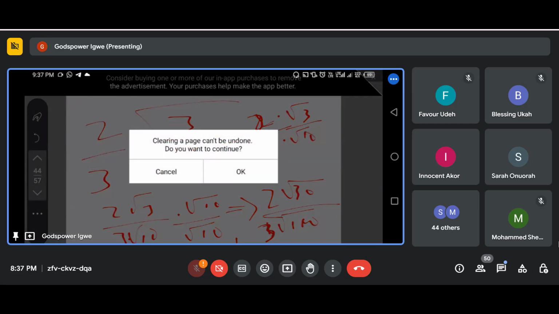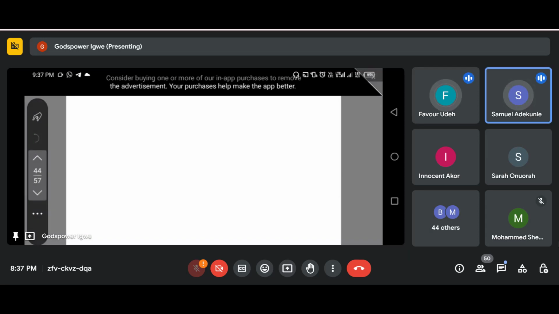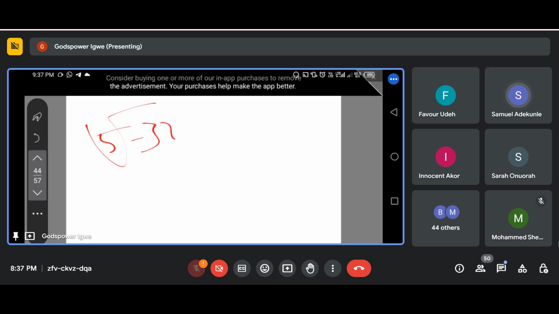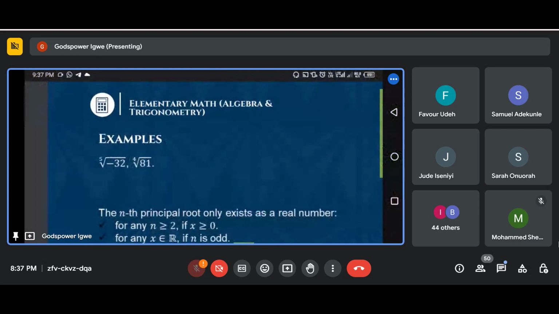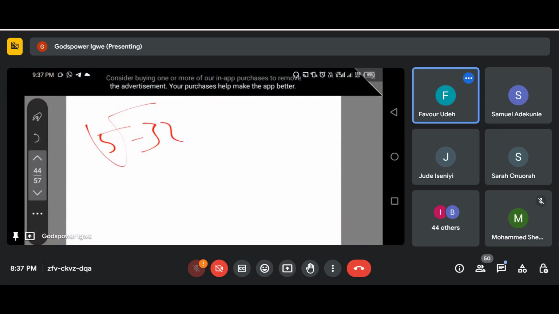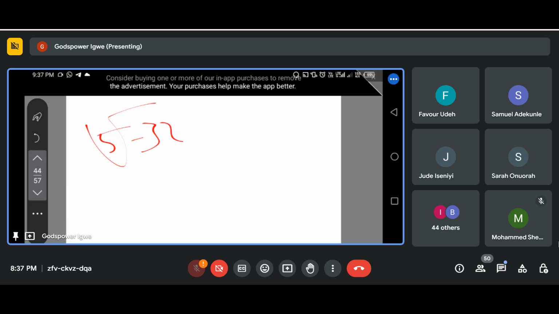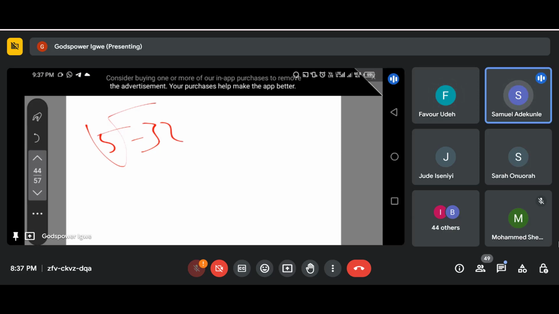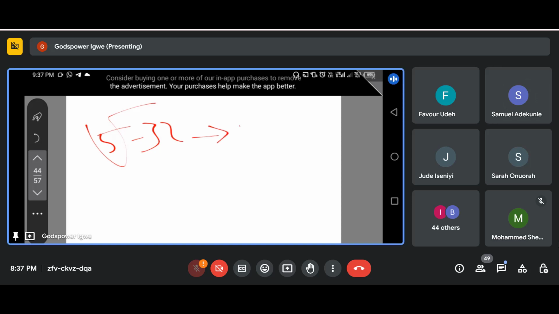Minus 32. If you give me a wrong answer, all of us will have it wrong. So let's look at it. The fourth root of 81 times 4. So the fourth root of 81. This can also be written as 32 over 1 all over.